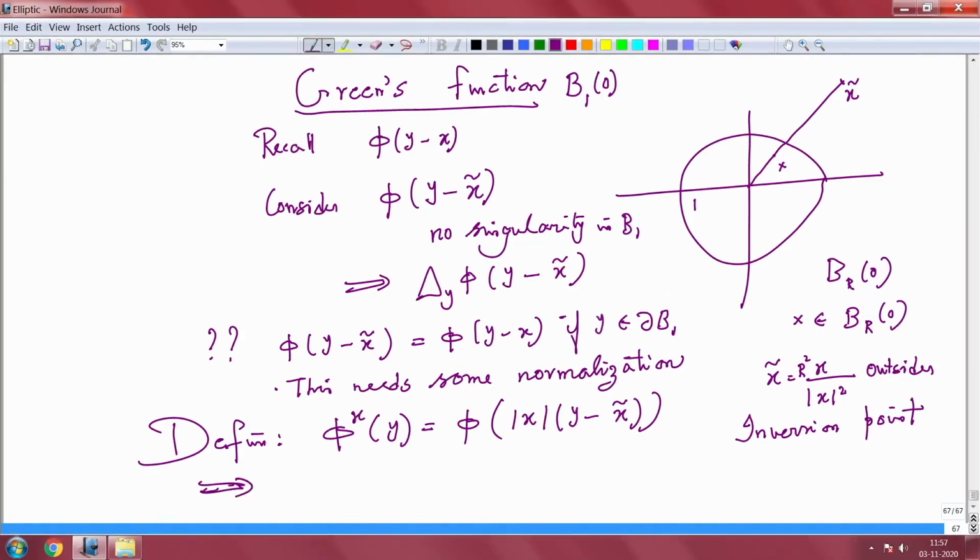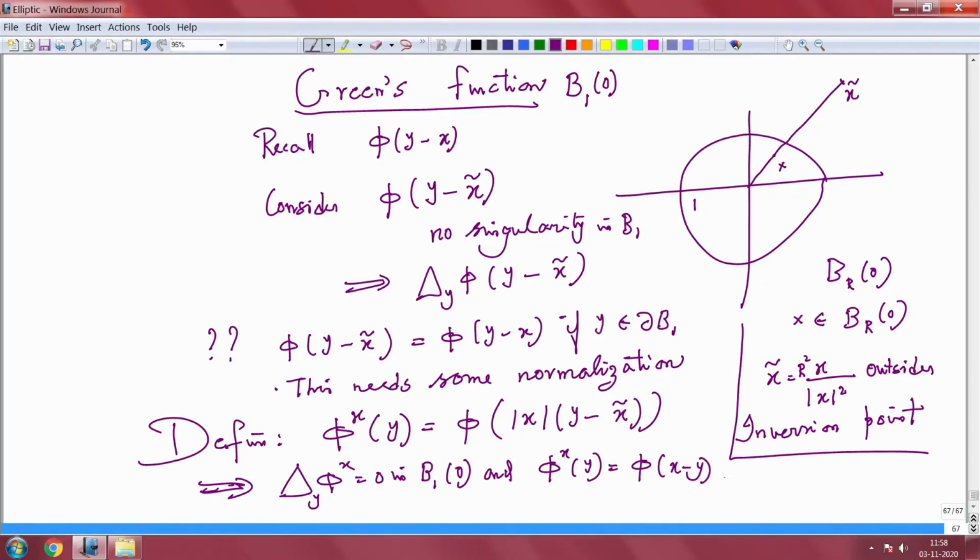Then it will not change the fact that the Laplacian of phi x with respect to y equals 0 in B1 of 0, and phi x of y you get to be phi of x minus y on the boundary of B1. So, you have this. Still we use the symmetry we have used.